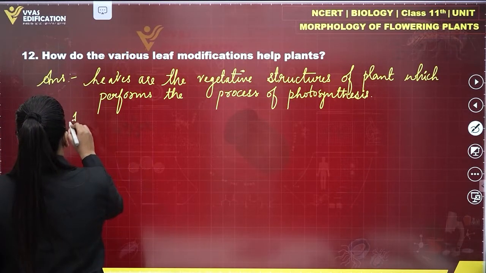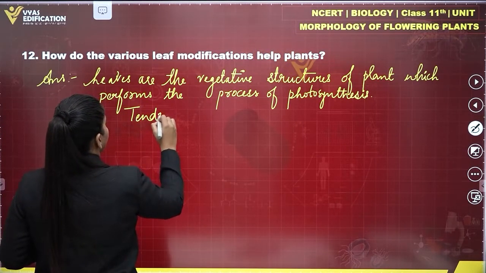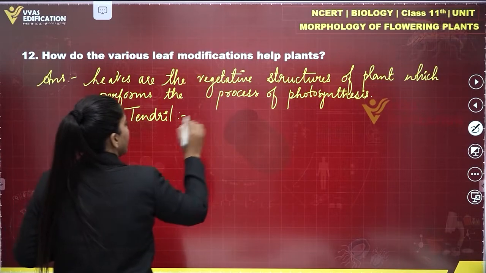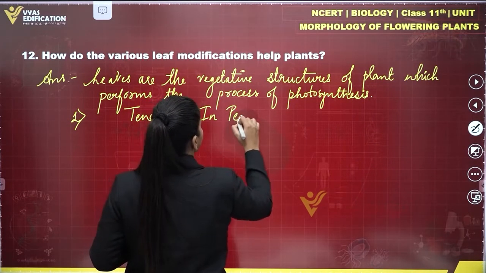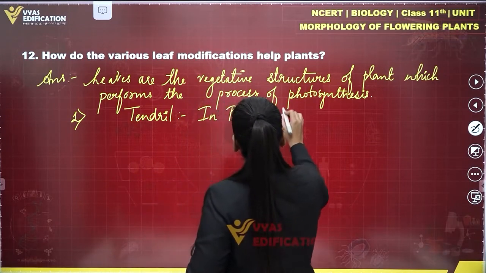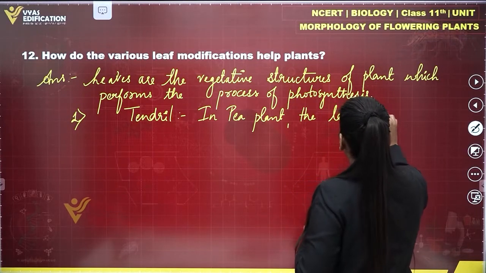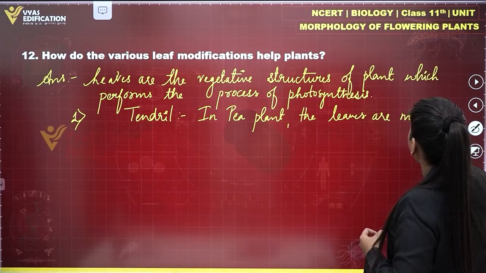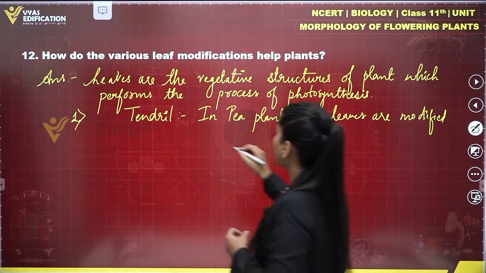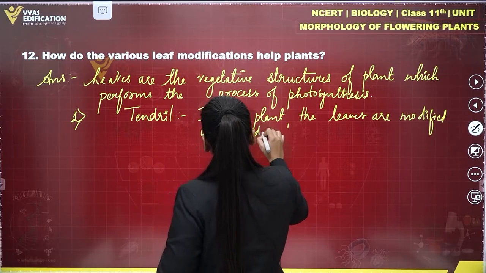So the first modification of leaf we have is tendril. For that we have an example in pea plant. You will see in pea plant the leaves are modified into tendrils.